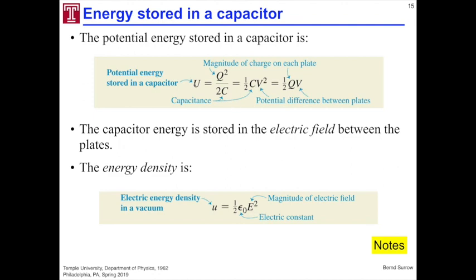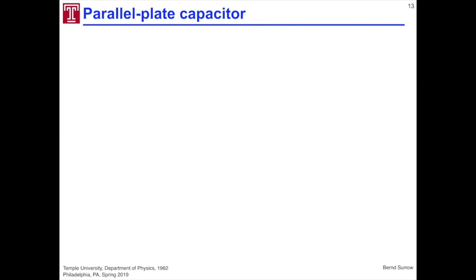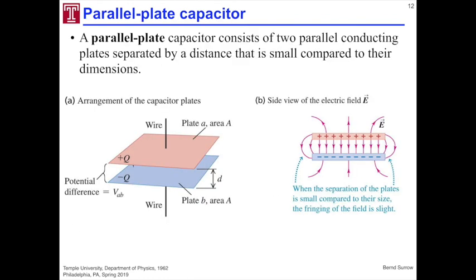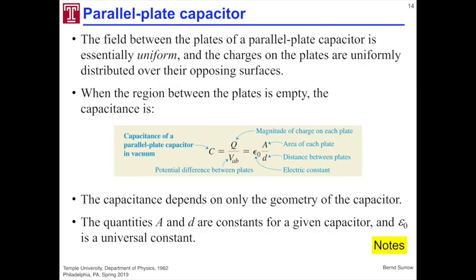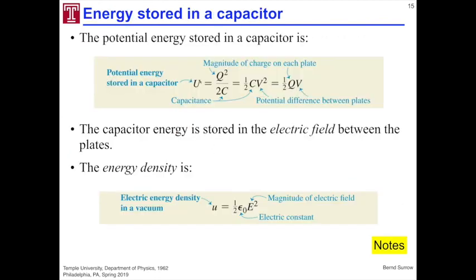If you now take this potential energy of a parallel plate capacitor, for example, and divide out the volume, so what would be the volume between a parallel plate capacitor? Well, you know the separation d and the area, so it's A times d. So if I literally take the potential energy and divide it by the volume, then I come to a quantity which is referred to as energy density in vacuum.